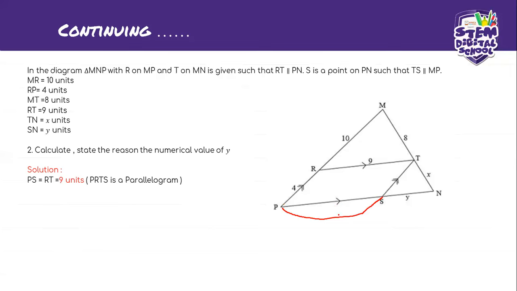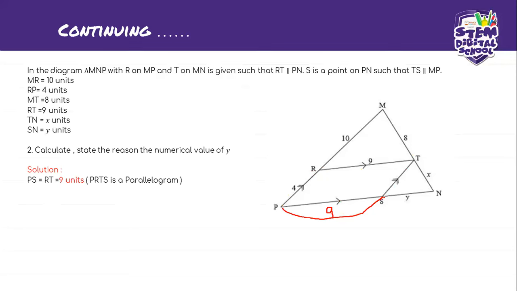Because we can see PRTS is the parallelogram. Remember the properties of a parallelogram. Opposite sides are equal, opposite sides of a parallelogram are equal, they're also parallel, right? So hence this side is also 9 units, right?